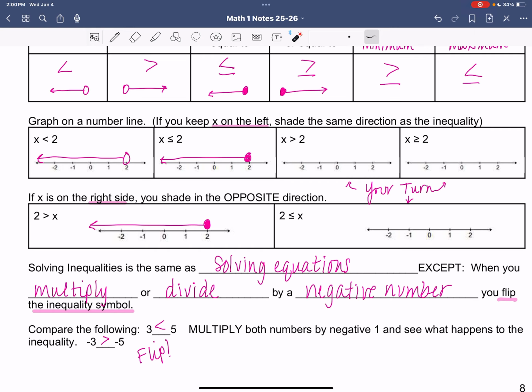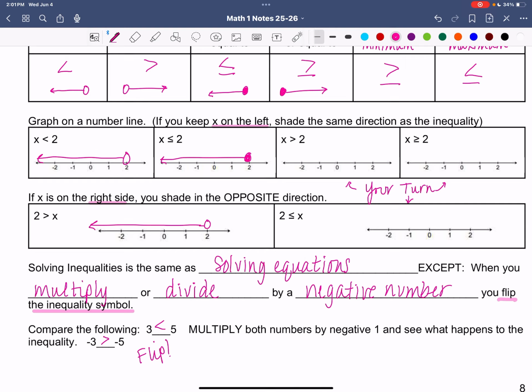All right, you're going to try these. This is your turn. And then if the variable is on the right side, you're going to go the opposite direction from the arrow. So here it says 2 is greater than X. So really it means X is going to be less than 2. So it's closed. Oops, that should not be closed. That should be open. There we go.